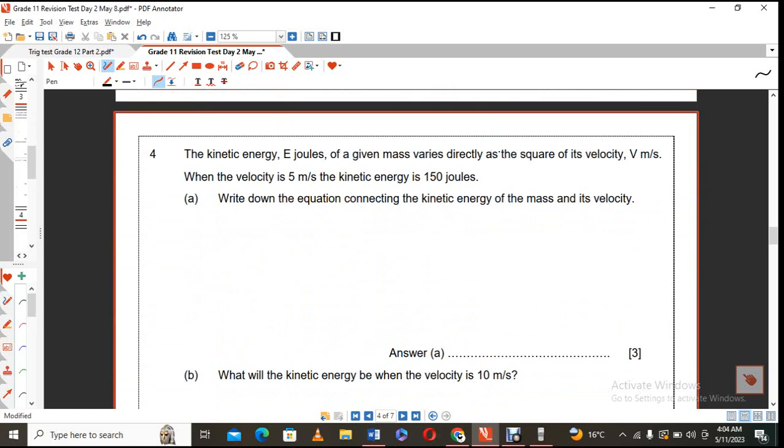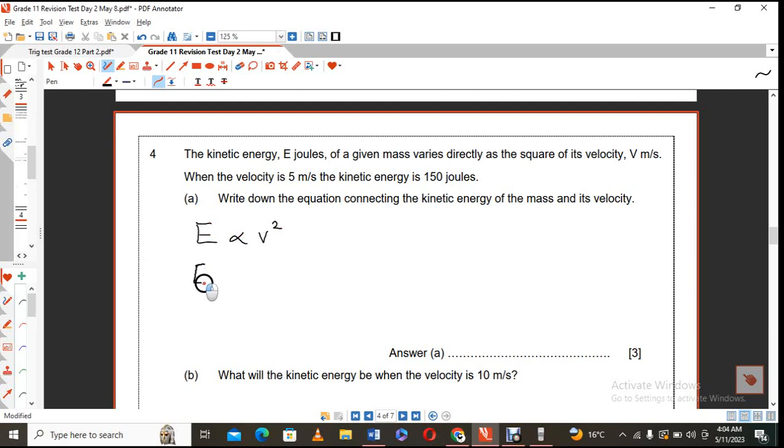The kinetic energy, E joules, of a given mass varies directly to the square of its velocity, v meters per second. When the velocity is 5, the kinetic energy is 150 joules.